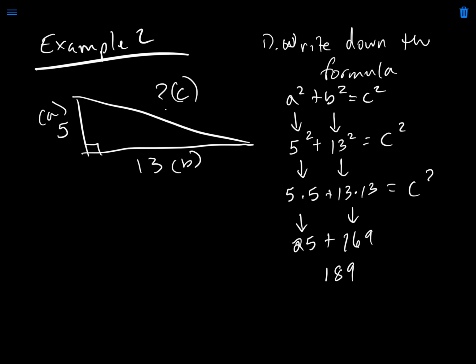So the last thing I have to do, I wrote down the formula. Step 2, I substituted. I hope the colors actually help you guys out because it seems to work for a lot of us. Step 3 is I added. And then the last step, step 4, I'm going to take the square root.